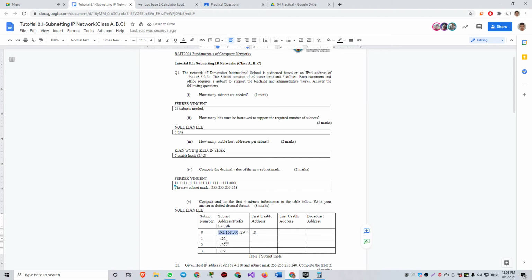The next one, what is the magic number? Look at the binary. The last borrowed bit, what is the position value for that last bit? 2 power 3: 1, 2, 4, 8.